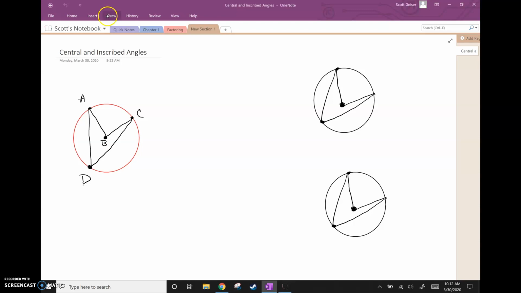So the first question we're going to ask ourselves is, where is the vertex? If it is located in the center, center is going to mean it's going to be the same.